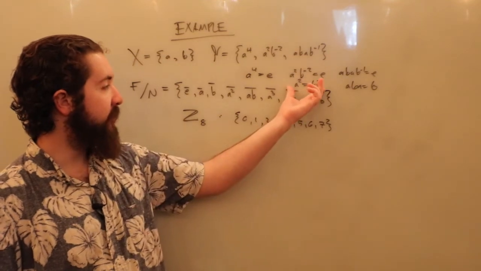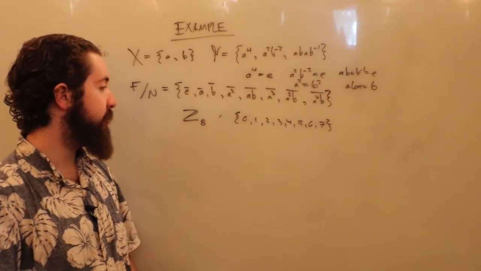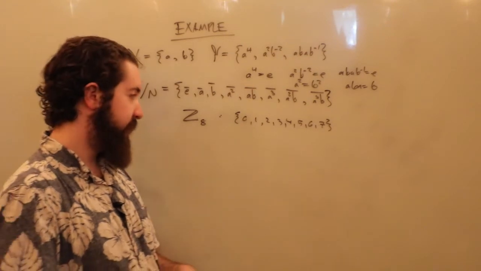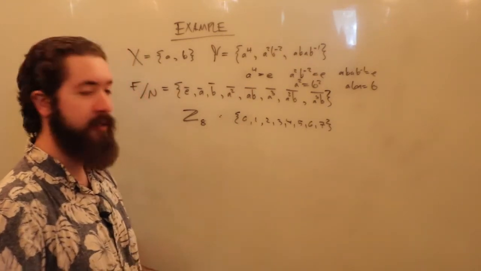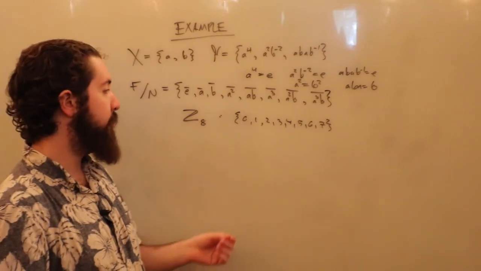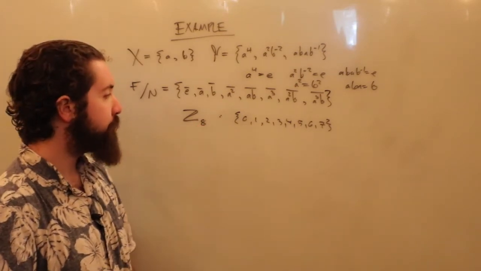because of this second condition, it's also true that B⁴ is equal to the identity. Or in this case, in an additive group, we mean 4 times A and 4 times B are congruent to 0 mod 8.